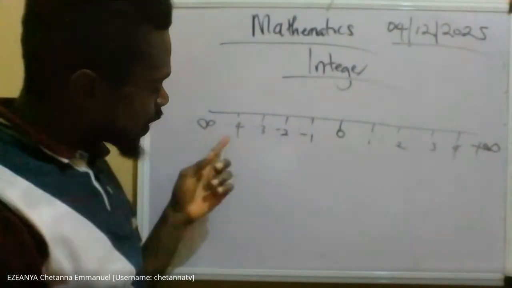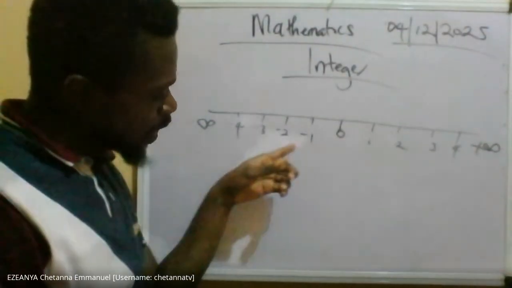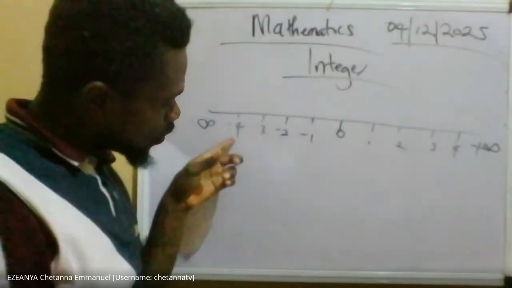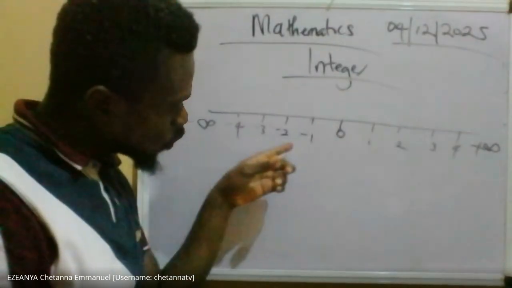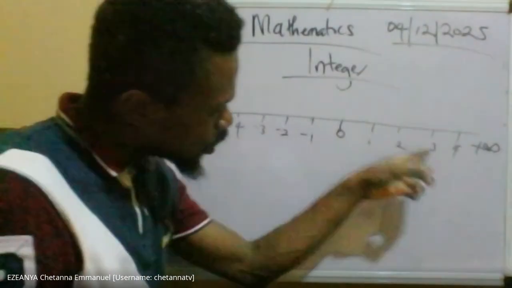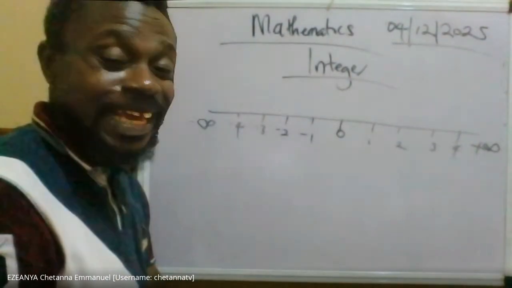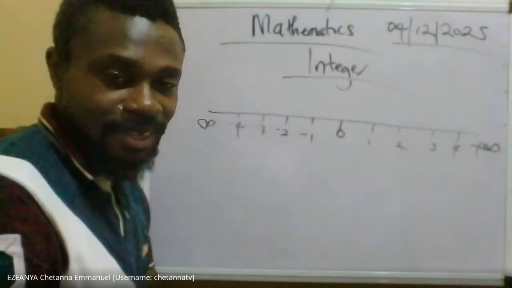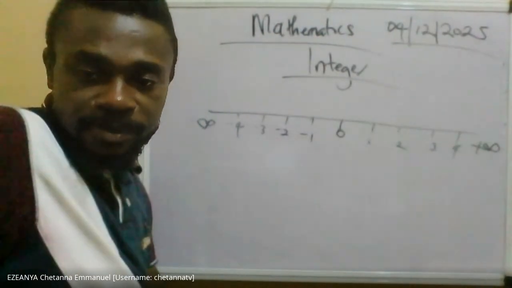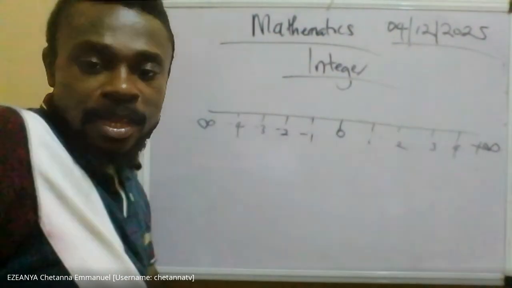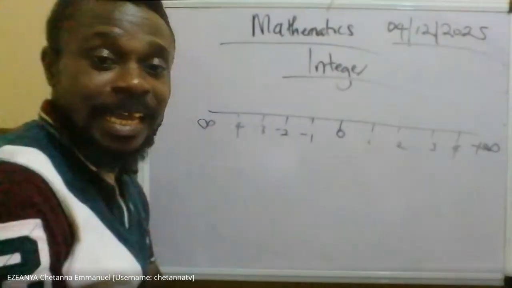These concrete points you are looking at, the numbers -4, -3, -2, -1, 0, 1, 2, 3, 4, are what we call integers.